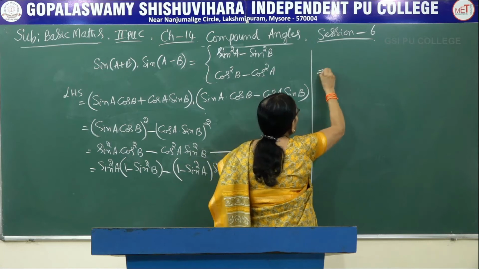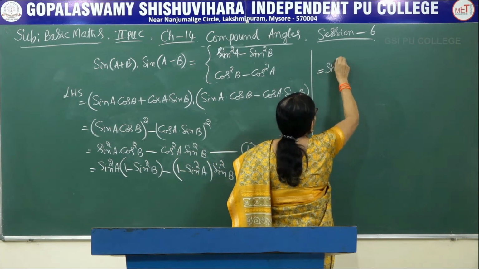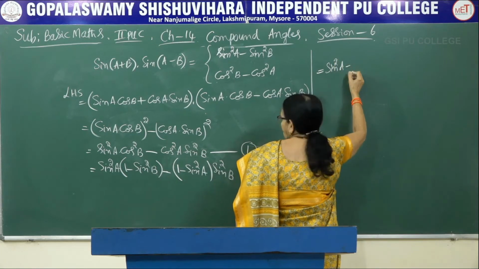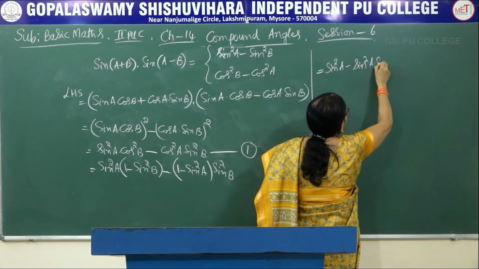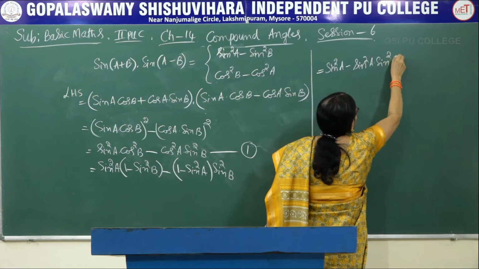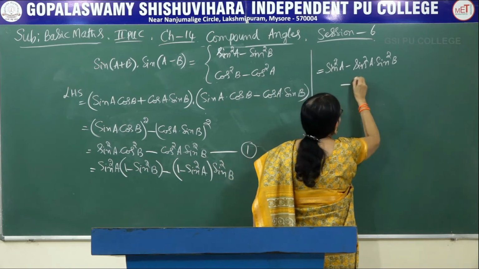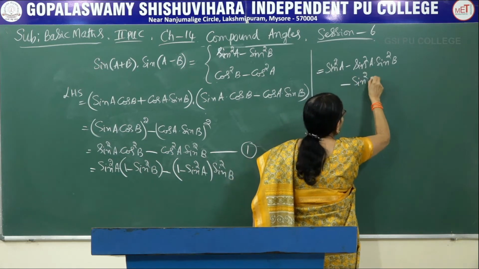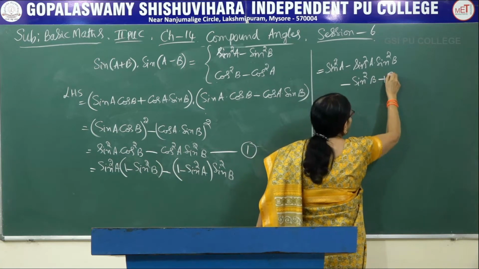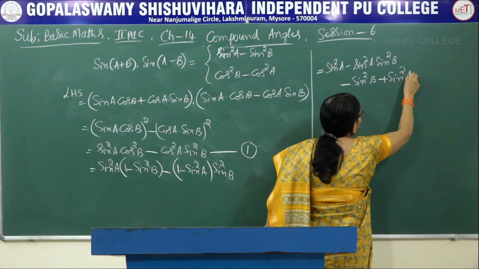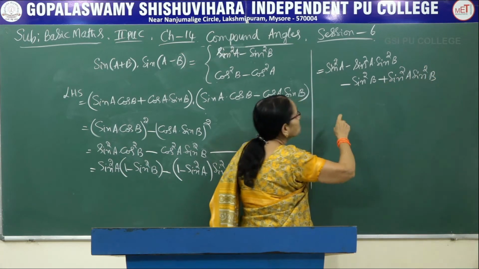Therefore, the left hand side is equal to, do the multiplication. In other words, remove the bracket. Sin square A minus sin square A into sin square B. Then minus 1 into sin square B, which is minus sin square B. Minus of minus plus, it is sin square A into sin square B. Now look at the terms.